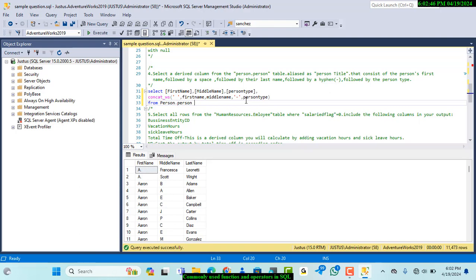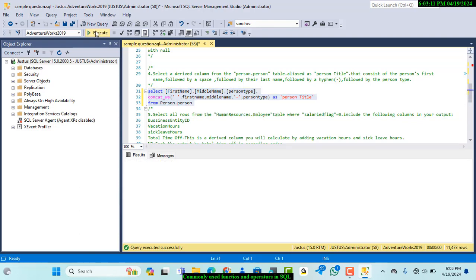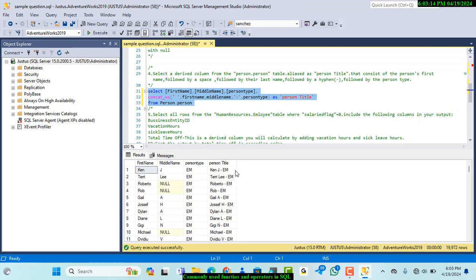So now the concat and column aliasing. So this one is named as PersonTitle.